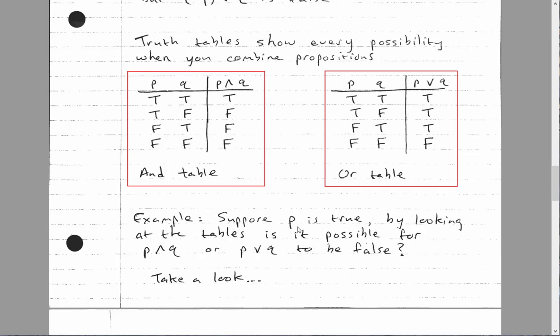So here's an example. Suppose P is true. By looking at the tables, is it possible for P and Q, or P or Q, to be false? So let's take a look. We'll look at and first. So suppose P is true. Okay, so we're in the first two cases.